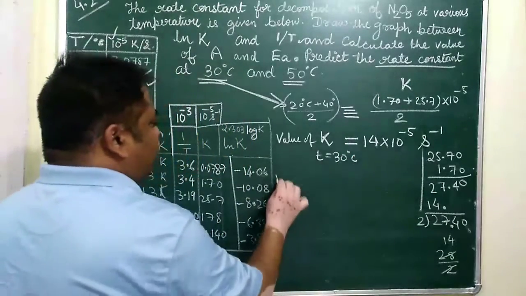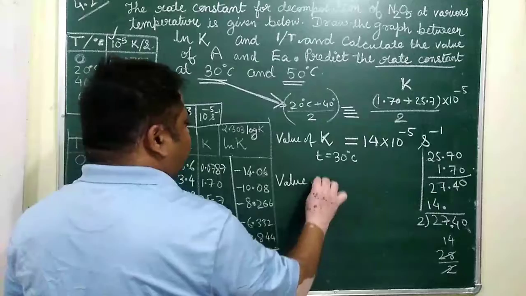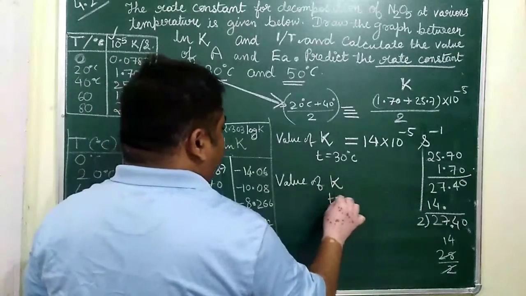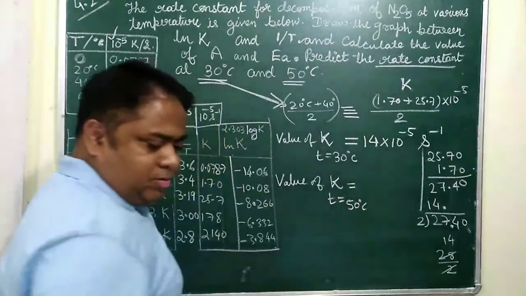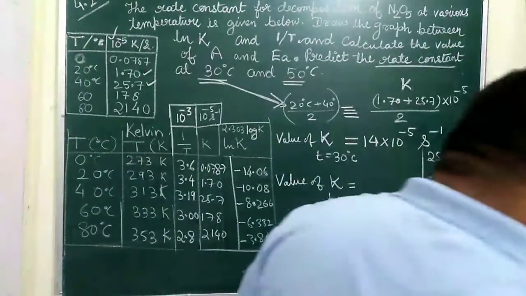Similarly, the value of K at T equal to 50 degrees C can also be found out with a trick.